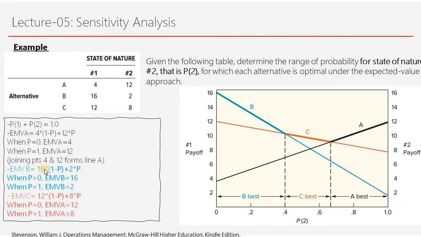When P equals to 1, 16 times 1 minus 1, so it will be 0. Plus 2 times 1, it will be 2. So on the left side, I have the value of 16.